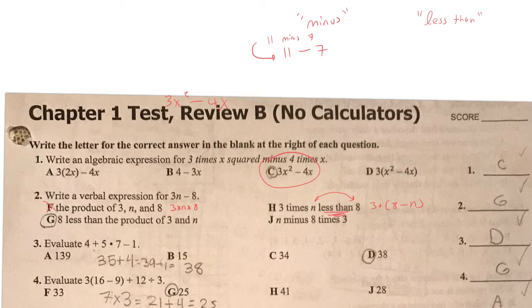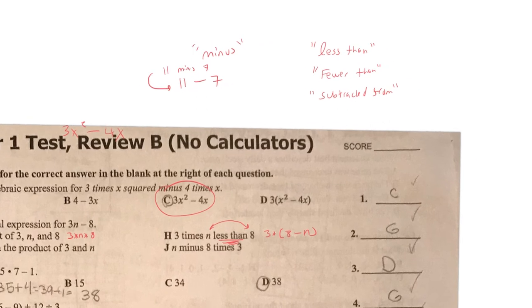That's certainly subtraction. Another one is fewer than. That's subtraction. Another interesting one is subtracted from. Anytime you see these phrases, it means subtraction, but you have to switch the order.